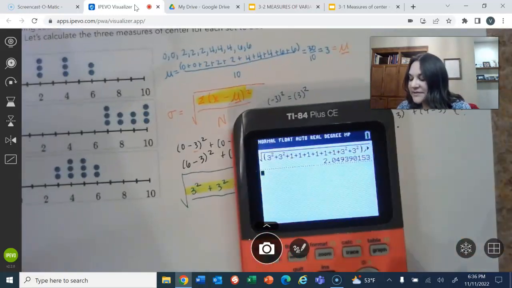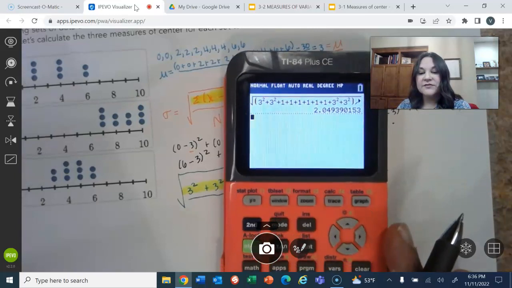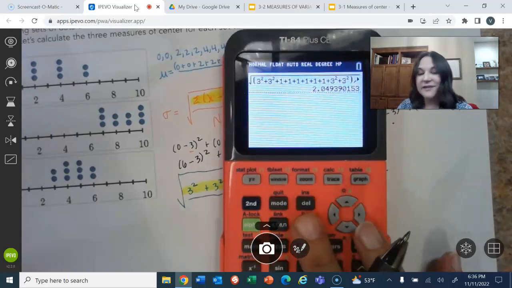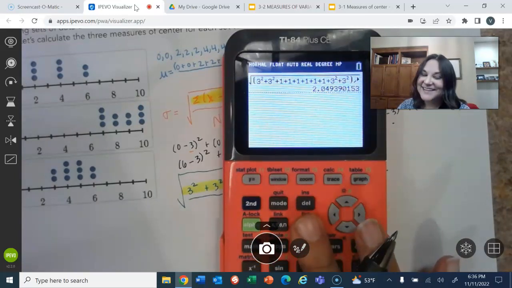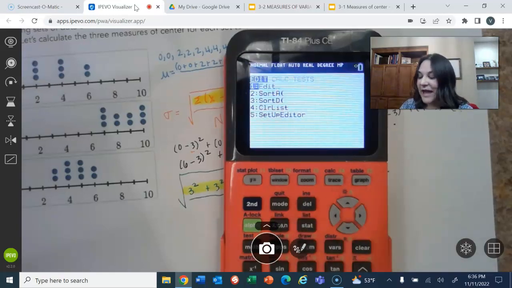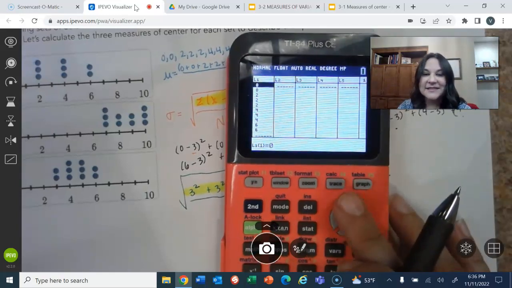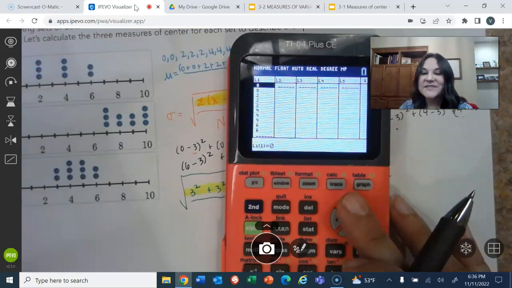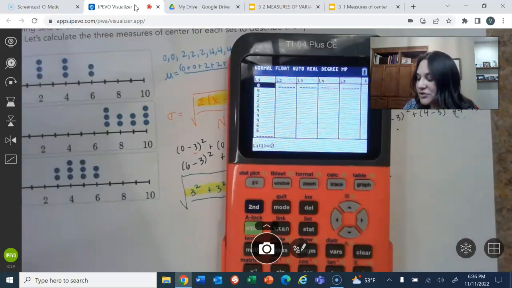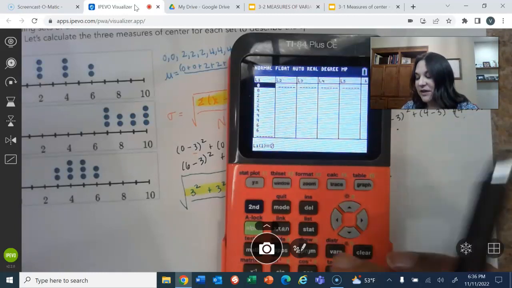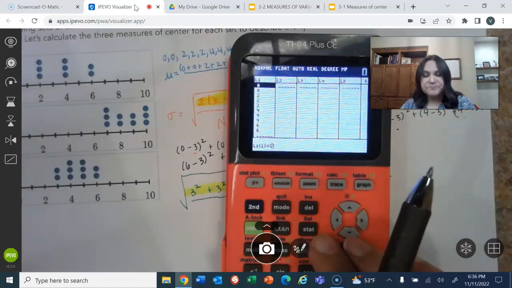So remember I said we are going to get the calculator to do this for us. So go back to our favorite button in this class, Stat, and edit. This list is already set in there. Again, I would just type it in, but this is the set that I just calculated the standard deviation for, so it's in there for me.